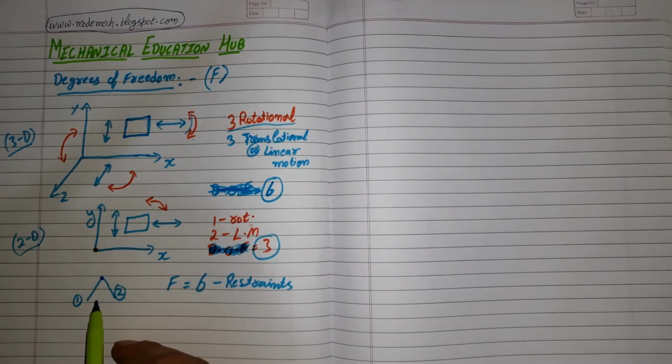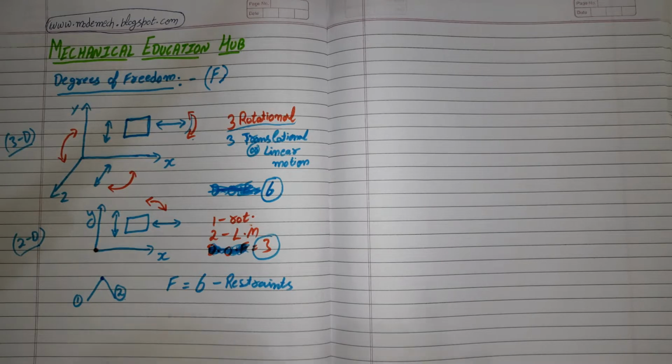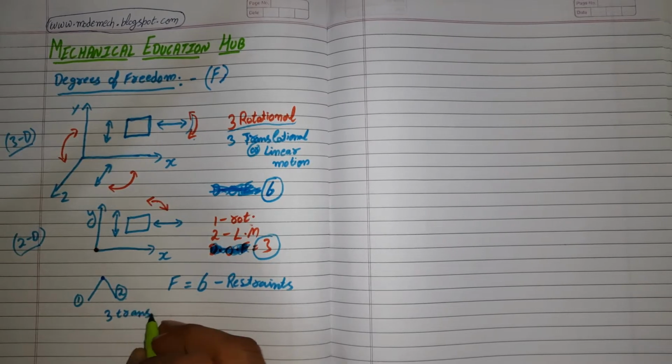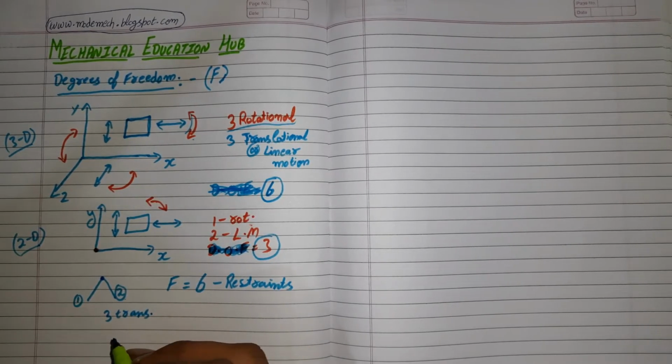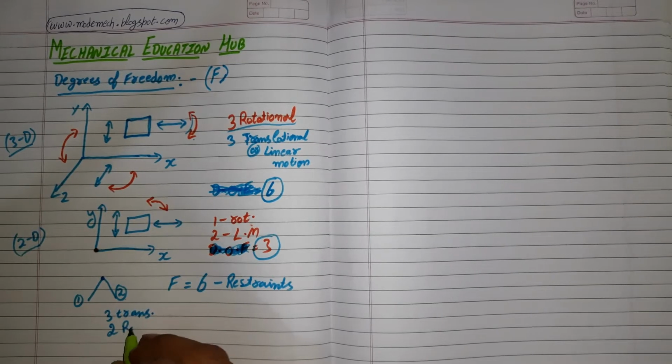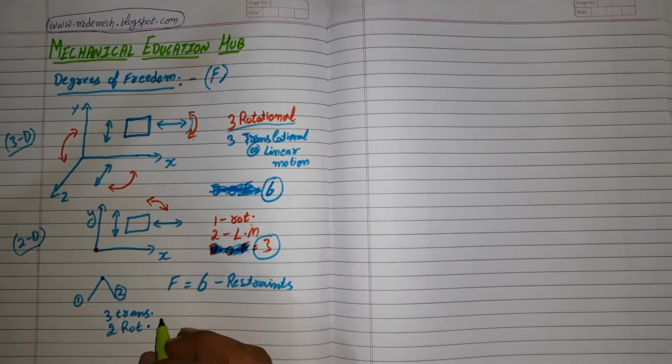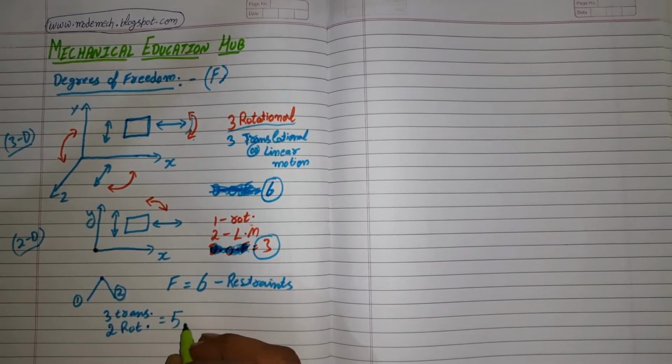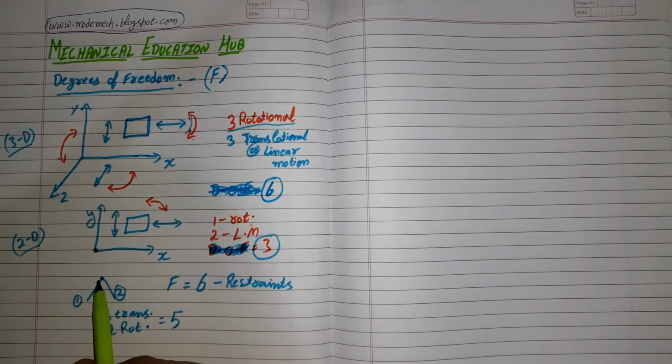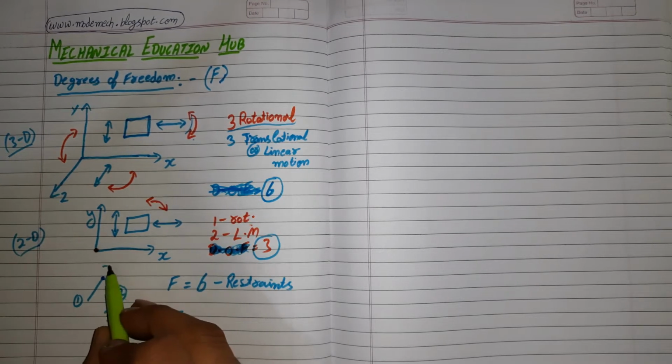Now the restraint motion for this turning pair are 3 translational and 2 rotational motion. That means total number of restraints are 5. This turning pair will not allow any translation motion in any axis. Plus, this turning pair can rotate only in this plane.